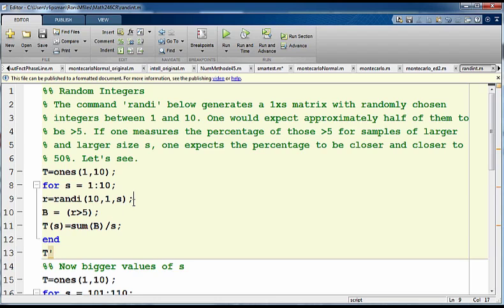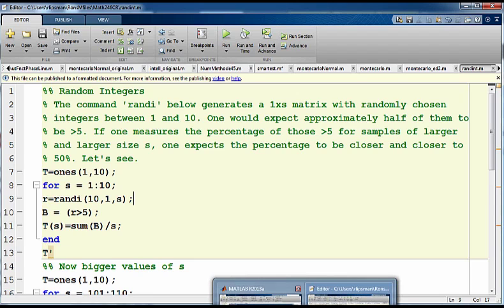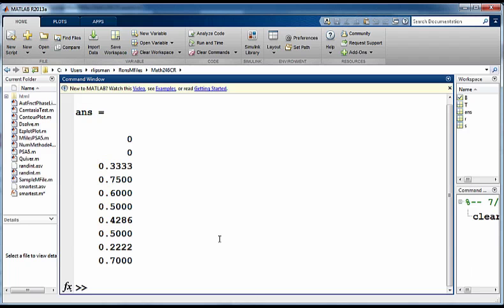So let's run this and see what happens. Of course the result is in the MATLAB window. And there it is. So actually 2 times we didn't get any numbers bigger than 5. And then here we got that many, and more than half, about half.